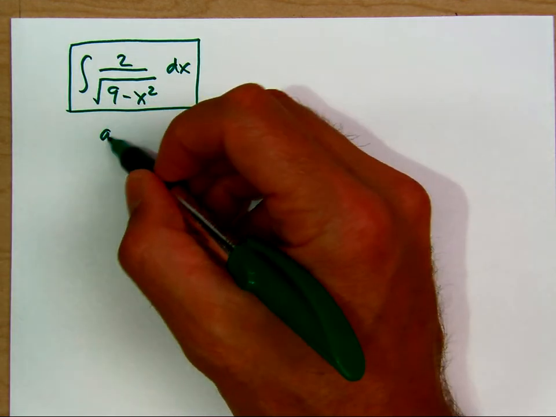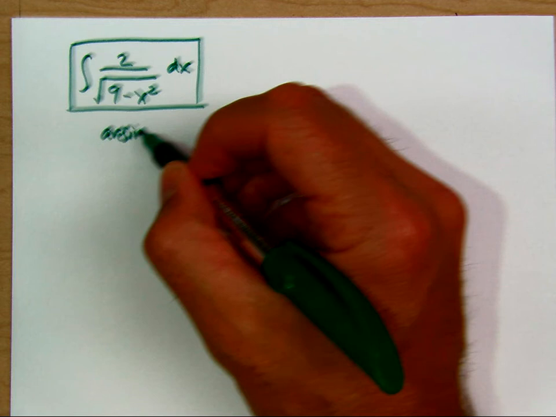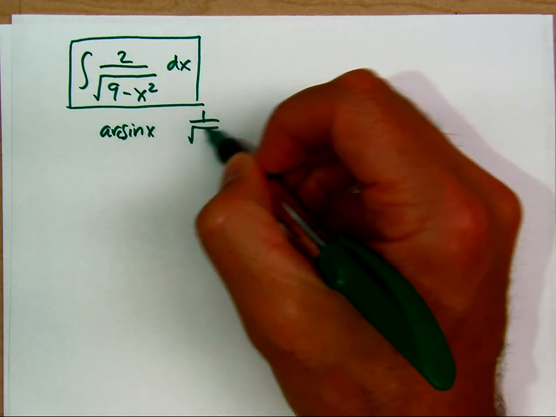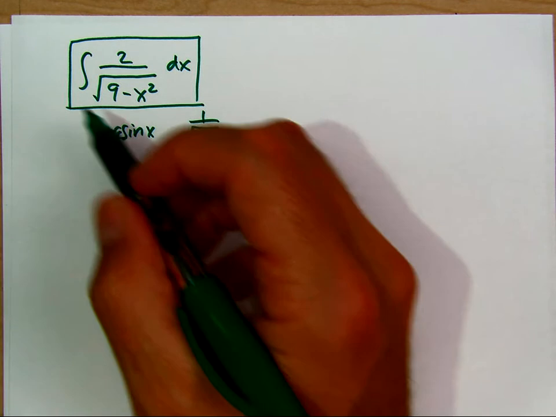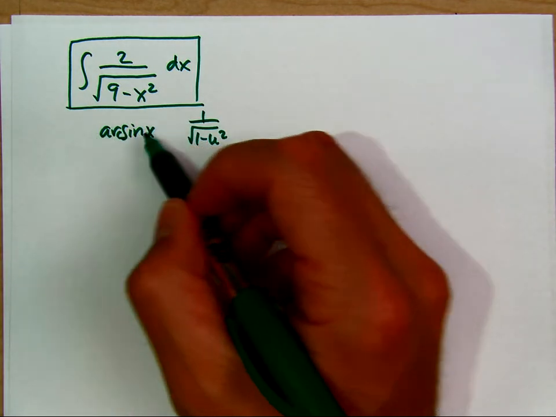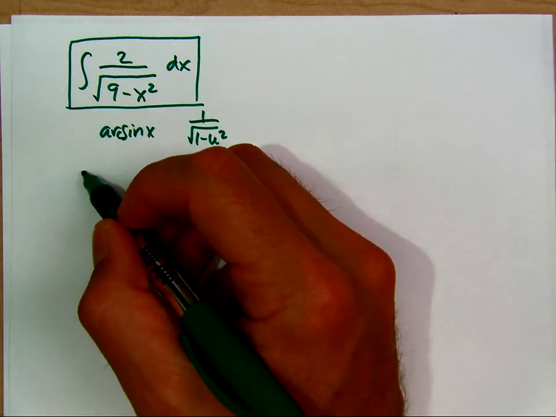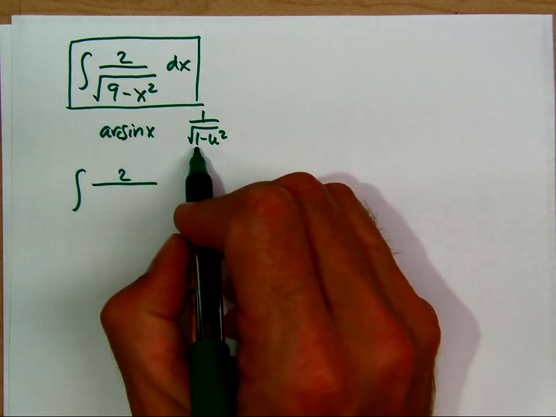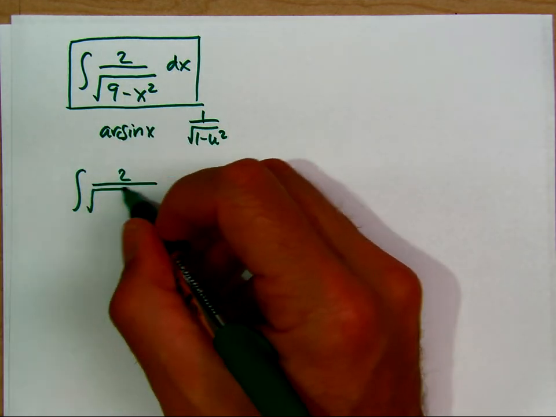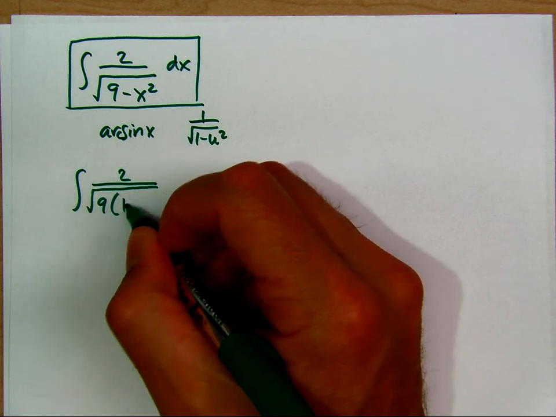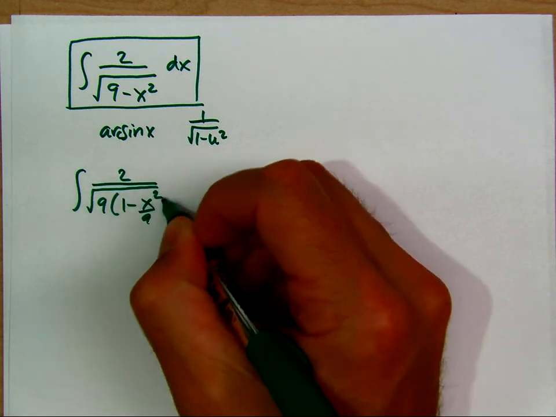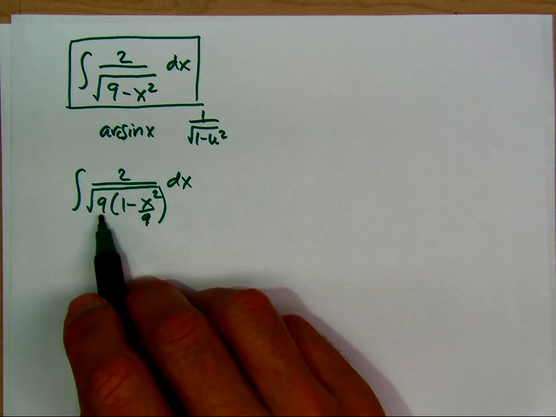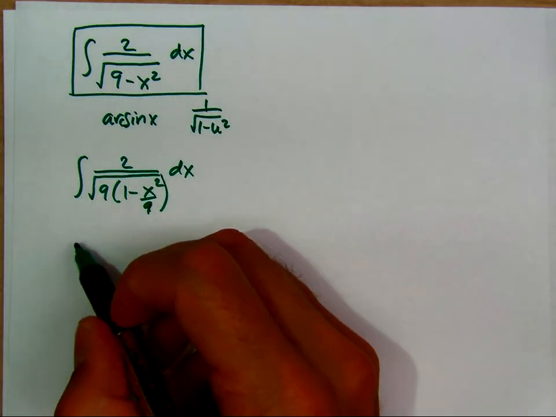We want arcsine of x, and we're looking for 1 minus u squared. So we're going to focus on arcsine, and we need to make this appear. We need to have a 1, so we need to factor out a 9. The 9 can come out as a 3.